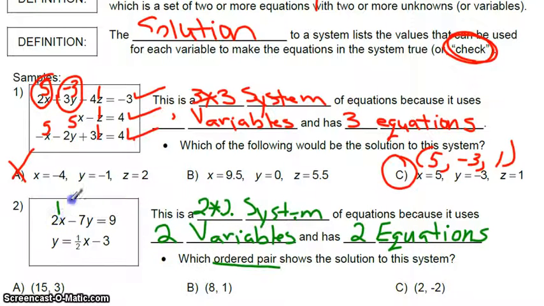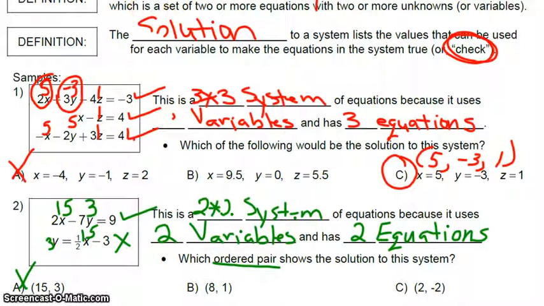I'm going to put 15 in for x, 3 in for y, and do I get 9? 30 minus 21 is 9, so that checks. I put 15 in for x and 3 for y. Is it true? Well, 15 halves minus 3 is not equal to 3. Therefore, A is not the solution.